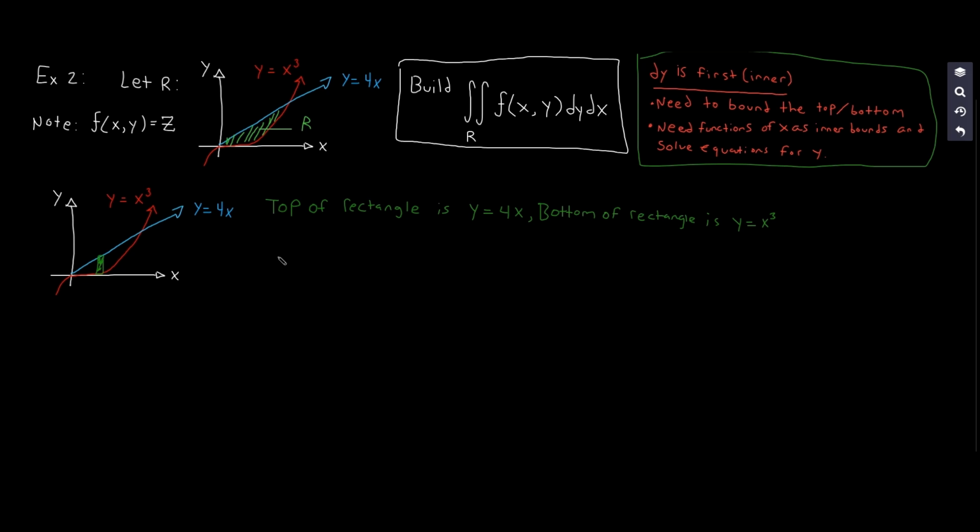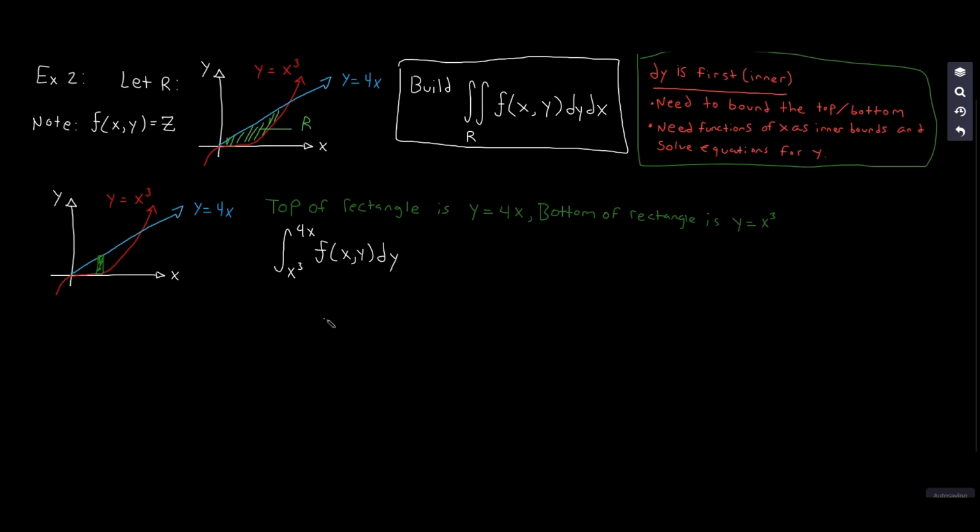For dy, which comes first, this is going to be the inside. It's going to be x raised to the third power on the bottom, because we can see that. And then on the top, it's going to be 4x. That's the top of our rectangle there. And then on the inside, we'll have our function, f of x and y, and that's dy, right?